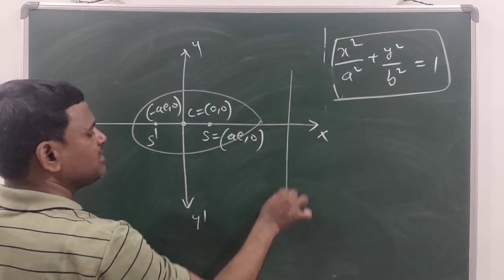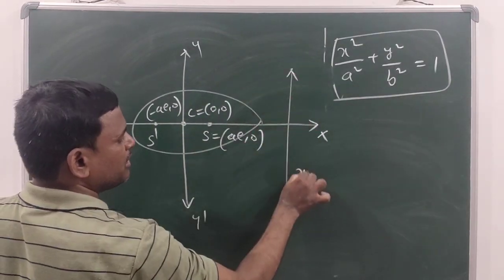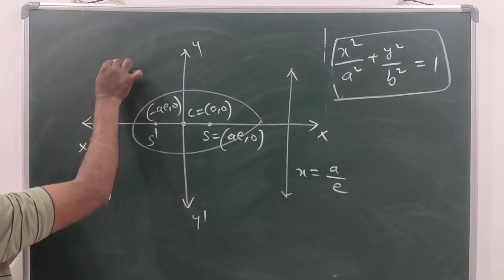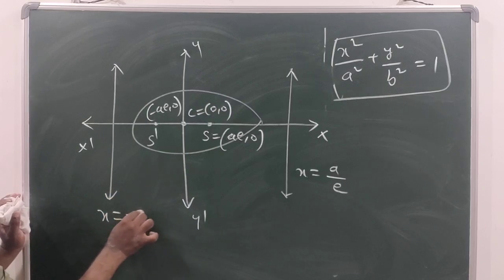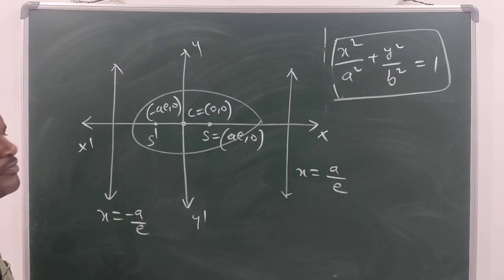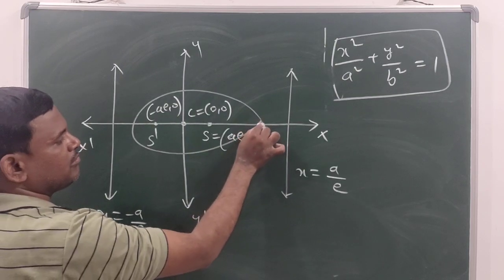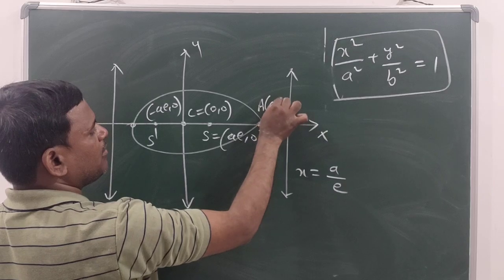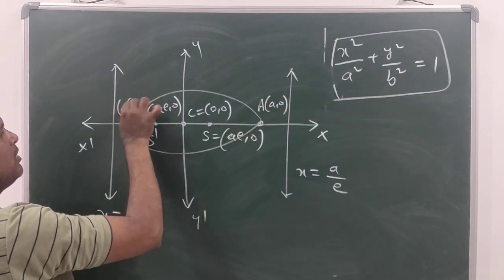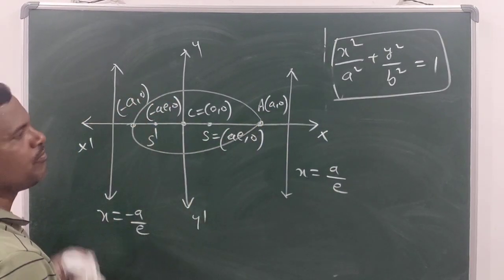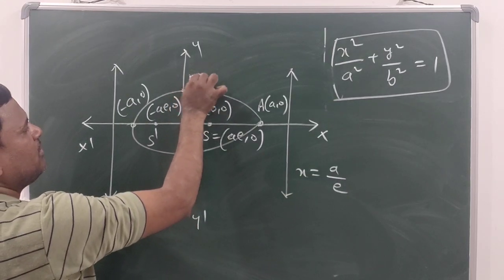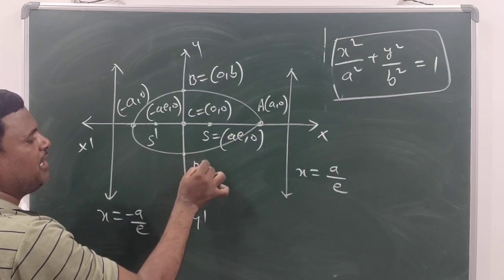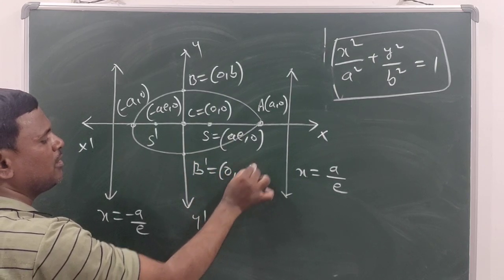The directrix equations are x equal to a by e and x equal to minus a by e. These are called vertices, whose coordinates are a, 0 and minus a, 0, and here 0, b and b dash, 0, minus b.